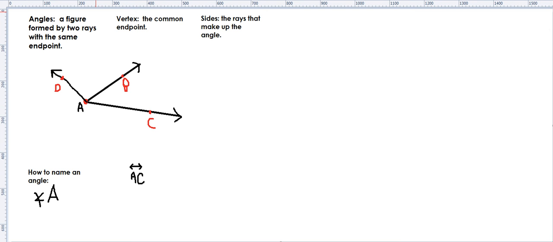So in order to name this, I'm going to call it angle BAD. And I can switch that around a little bit. Rather than BAD, I can call it DAB. But remember that the A must be in the middle. The vertex, where the angle all comes together, is going to be in the middle. So this could also be called DAB, but there's no other way I can arrange those letters.